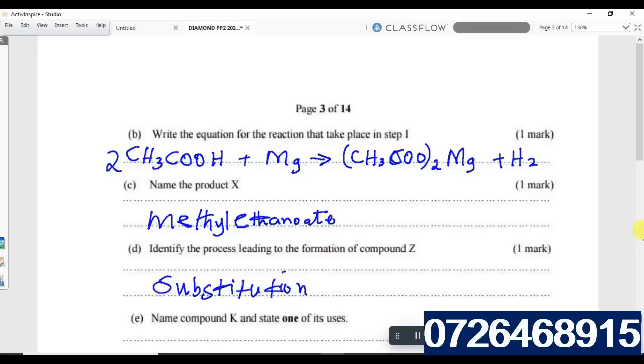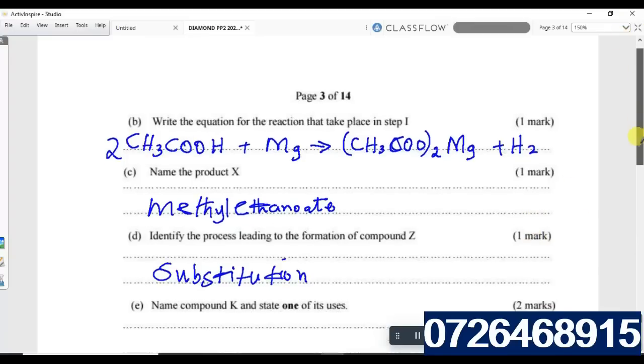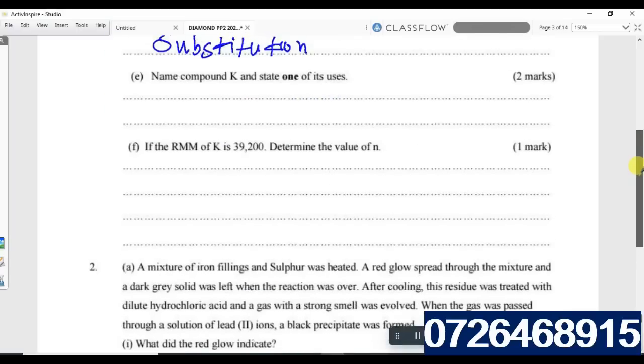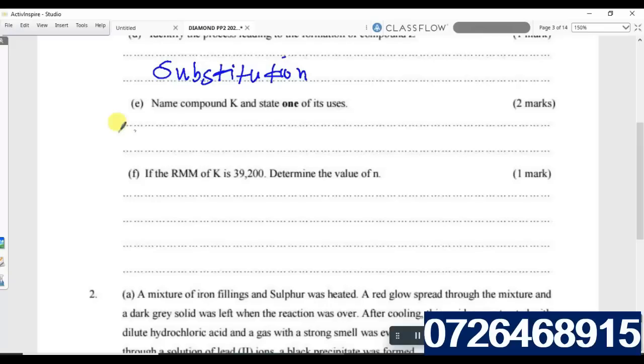Name compound K and state one of its uses. Compound K is a polymer, and that polymer is polyethylene. The uses are many.